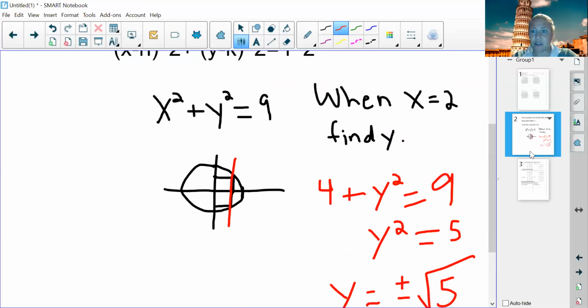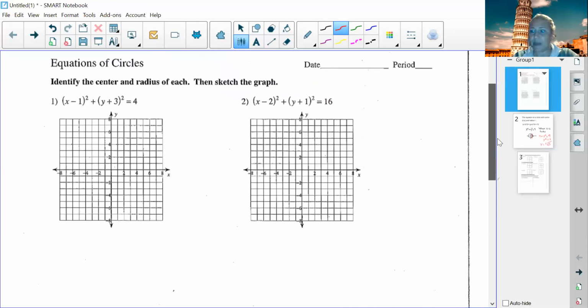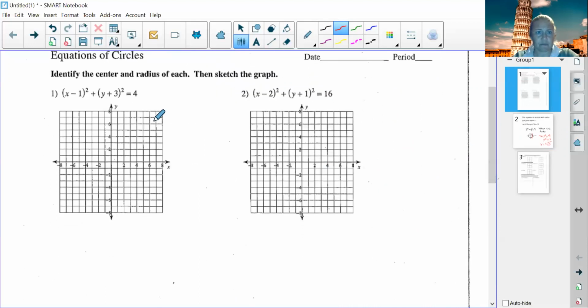Now, something else we're going to work on, and like I said, this is going to be a short and sweet video segment, because what I want you to do is pick out the center of each circle, right? For example, this circle would have center (1, -3).